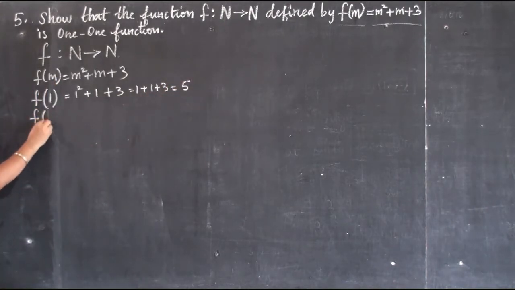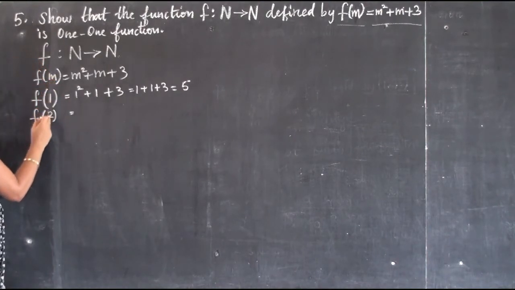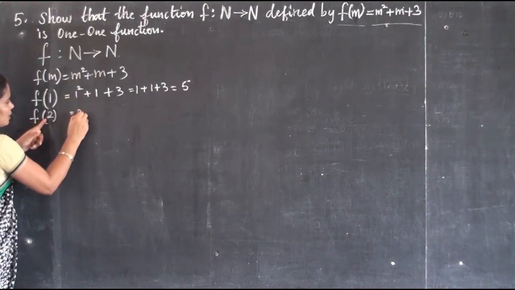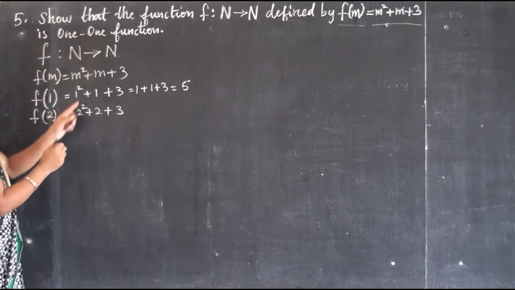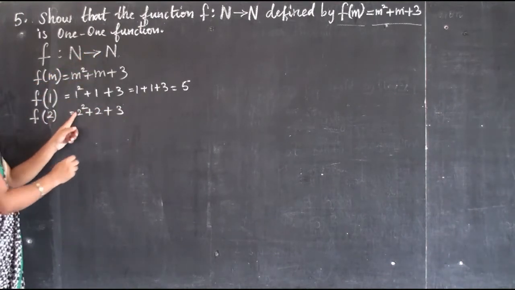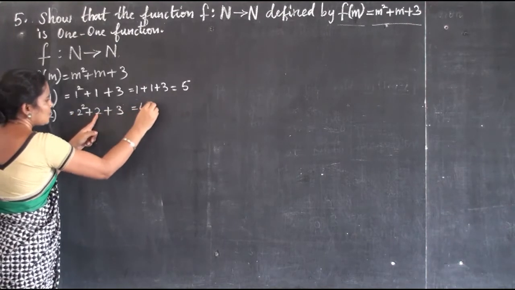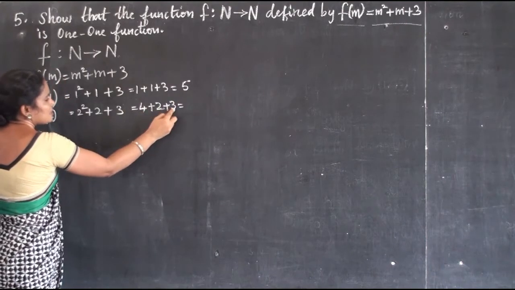Then take m is equal to 2. In the place of m, write 2 square plus 2 plus 3. 2 into 2 is 4, 4 plus 2 plus 3, so 6 plus 3 is 9.